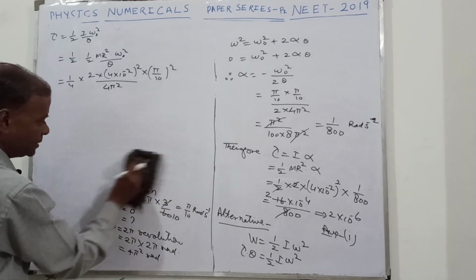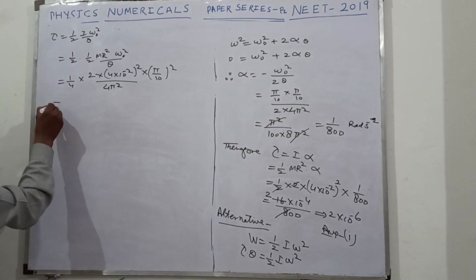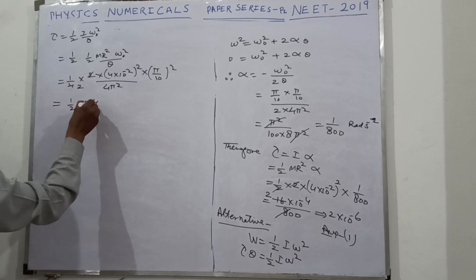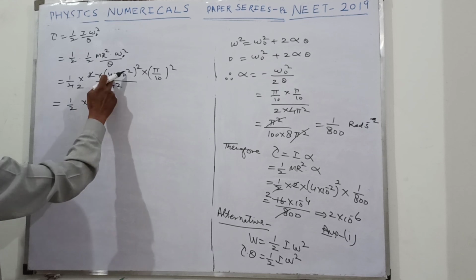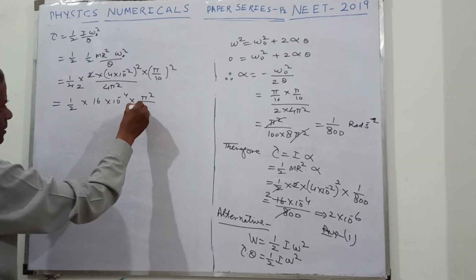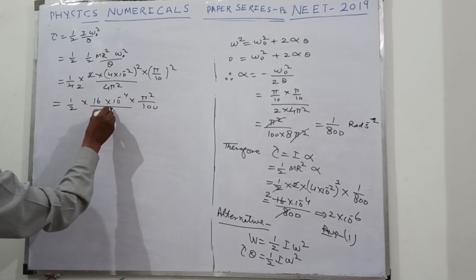So now you find all the values and then calculate. This will cancel by 2. 1 by 2 into 4 into 16. 10 raised to the power minus 4 into pi square upon 100 upon this is now your 4 pi square.